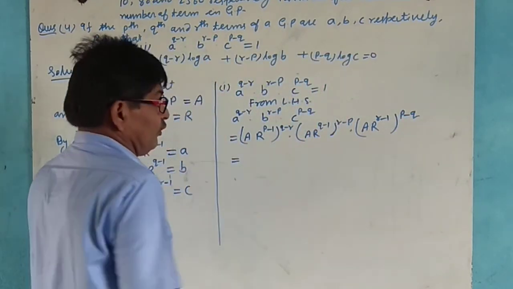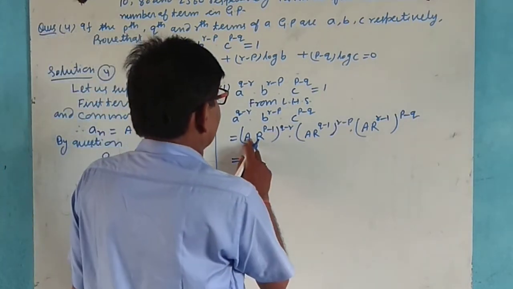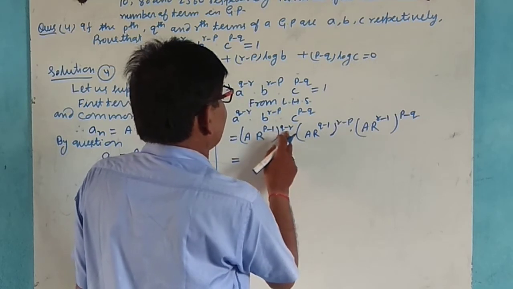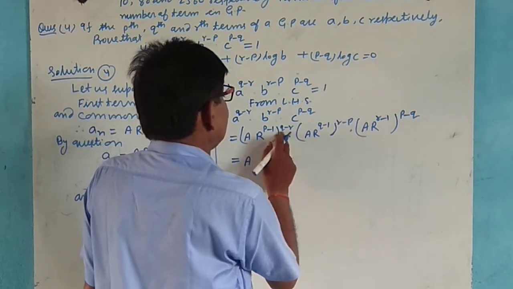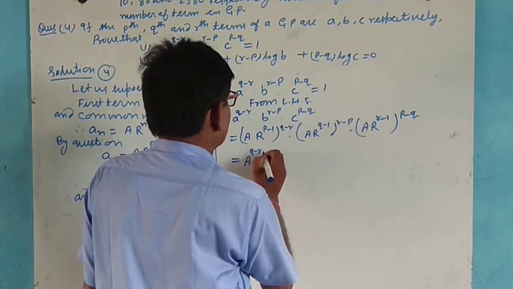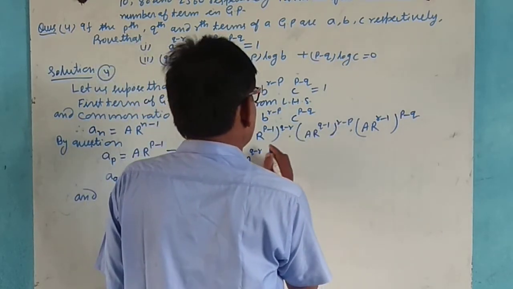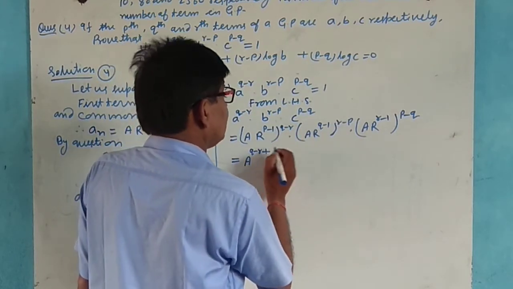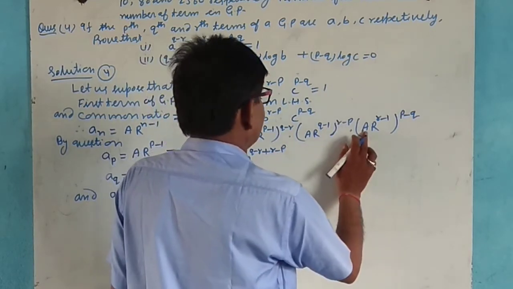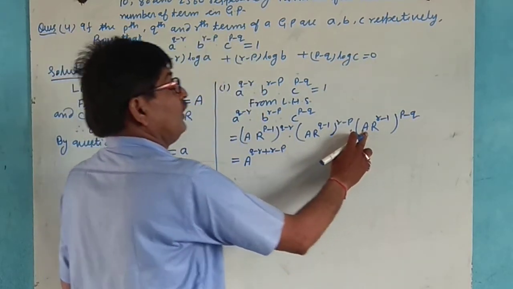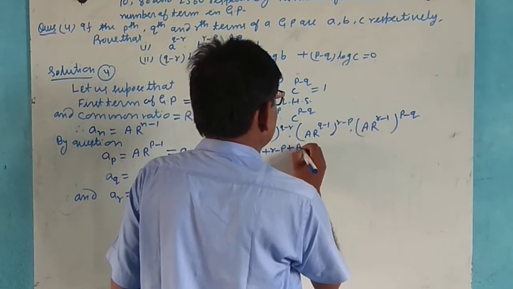We simplify. Here we can write A to the power q minus r, and adding A to the power r minus p, and also A to the power p minus q.